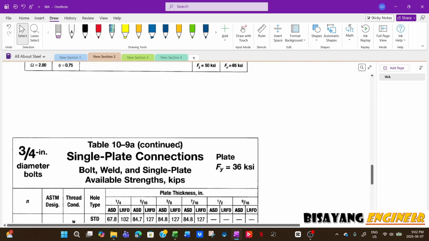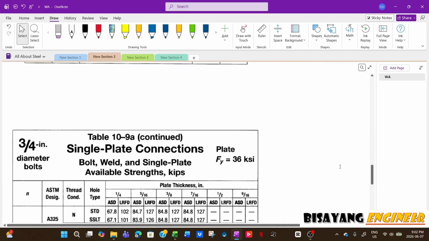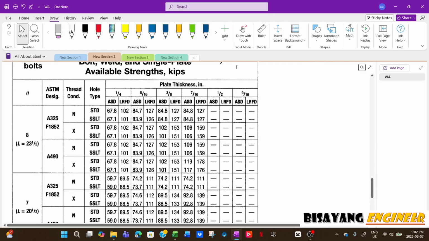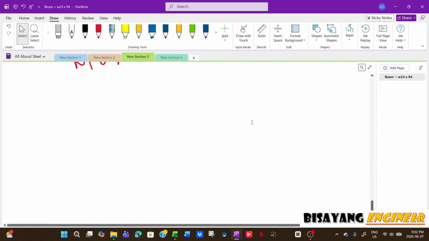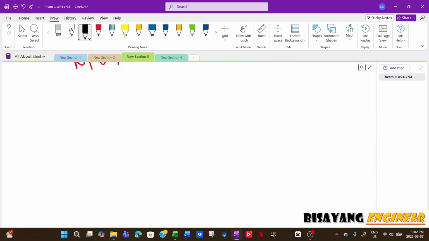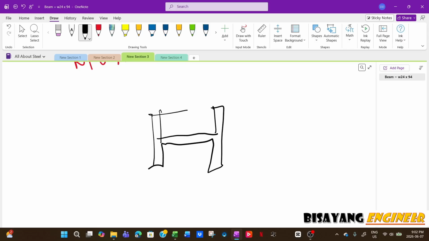Now the same applies if you have a single plate connection. Instead of the usual double angle, for example, this is your column, and then you have your beam here.